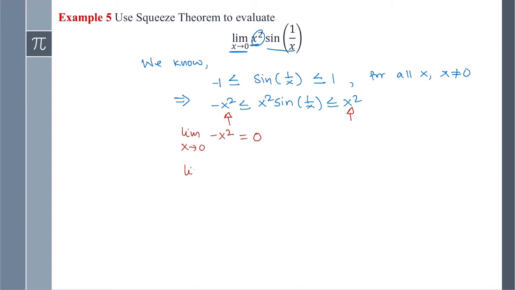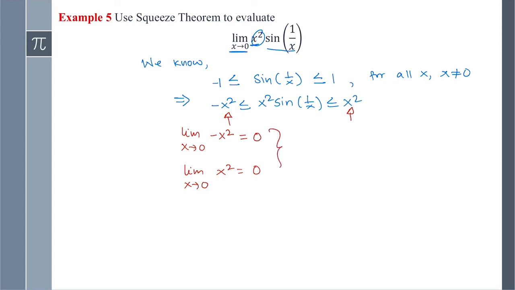Similarly, the limit as x approaches 0 of x squared is also 0. We can do the direct substitution. That means it satisfies the squeeze theorem, okay? Because we have the limit for the left side function 0, limit for the right side function 0. Now by the squeeze theorem, the limit for the middle function must be 0.